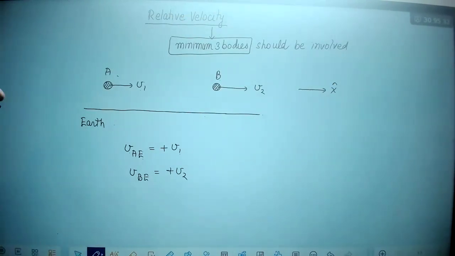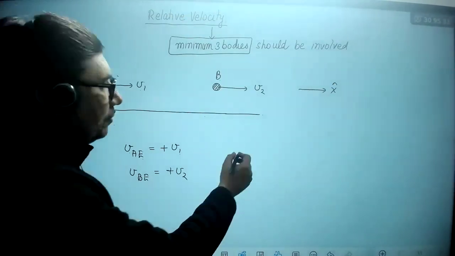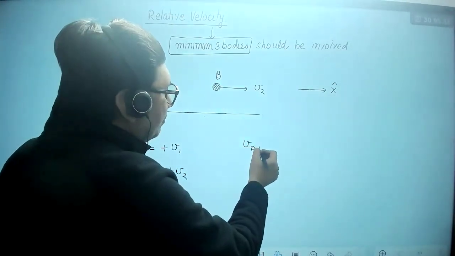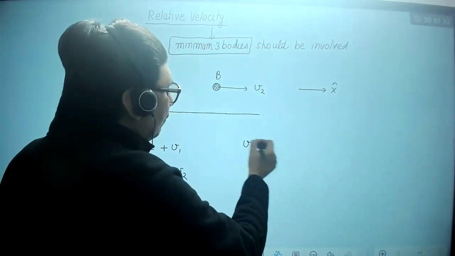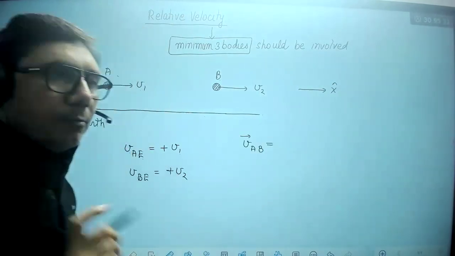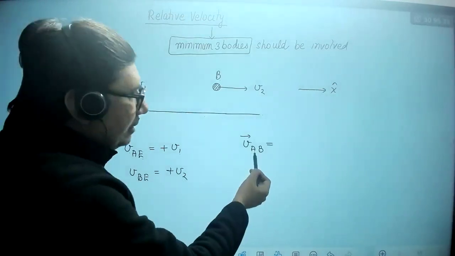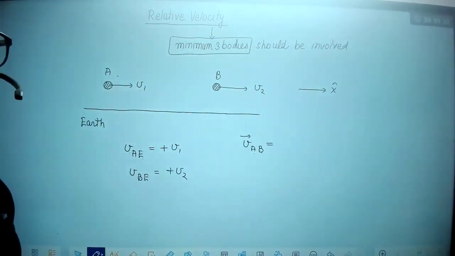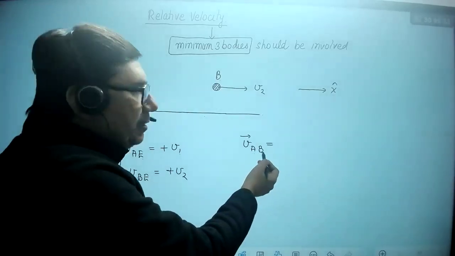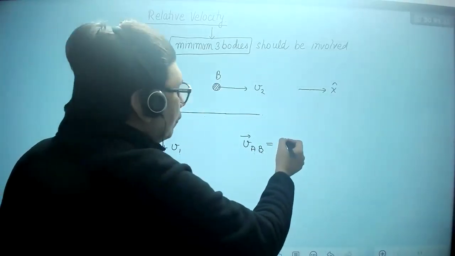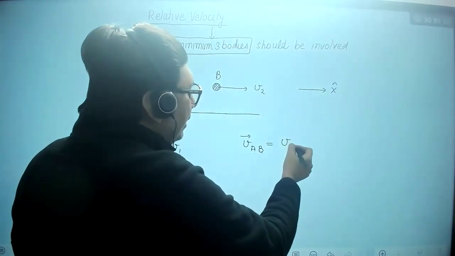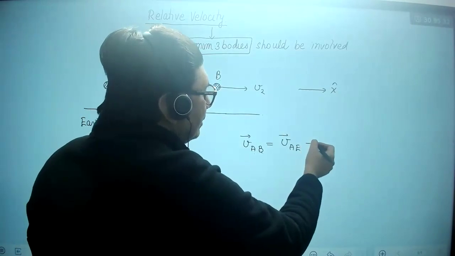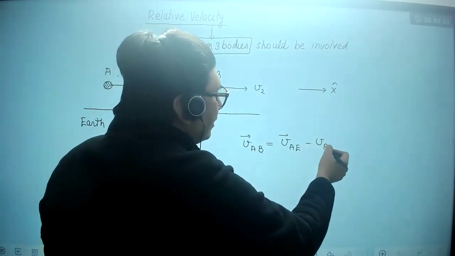So what will be the velocity of A with respect to B? What is the formula for this? A is here, B is here. Which third body is missing? That is Earth. So the formula will be VA with respect to Earth minus VB with respect to Earth.